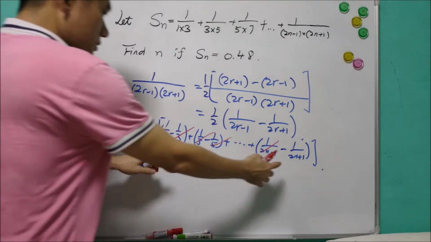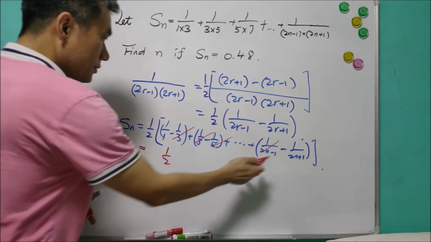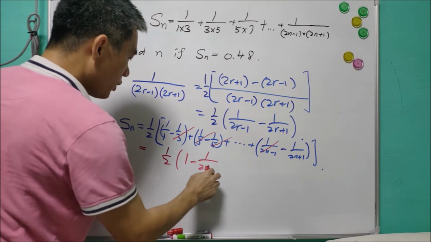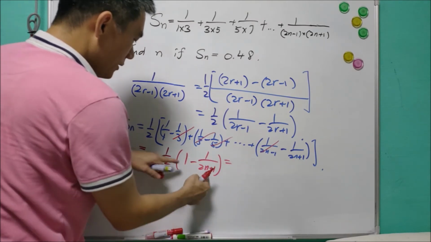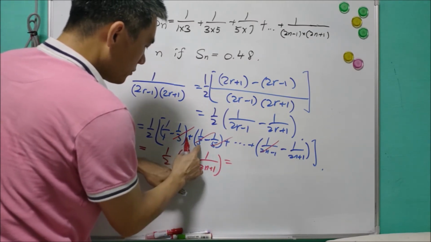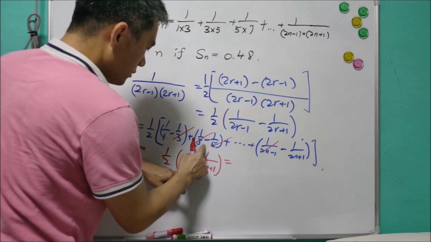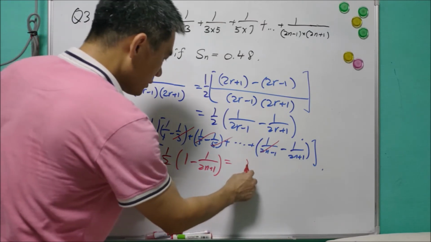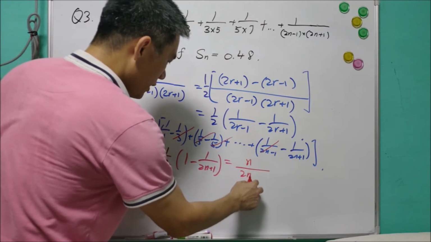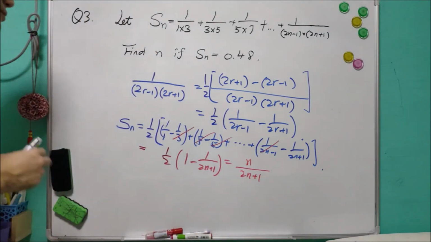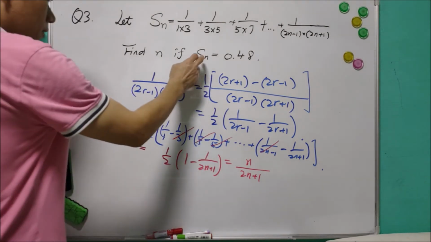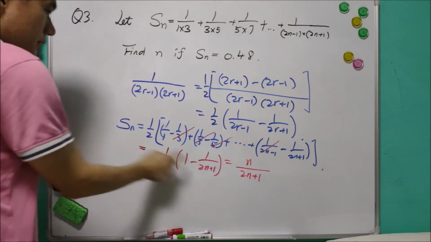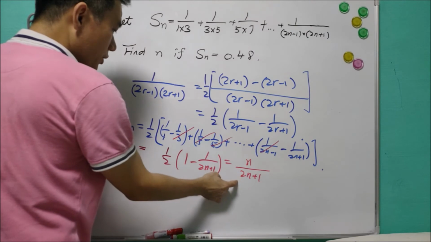So this is equal to half times [1 minus 1 over (2n plus 1)]. And this is equal to [(2n plus 1) minus 1] over (2n plus 1). So 1 minus 1 cancels off, 2n and 2 cancel off, so this is n over (2n plus 1).